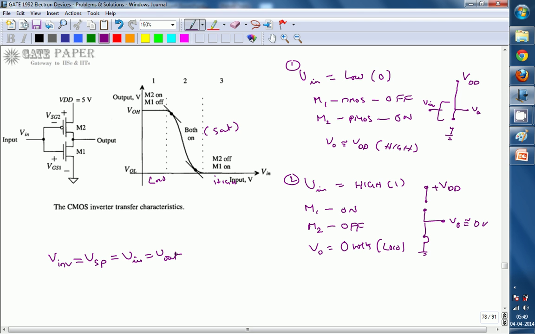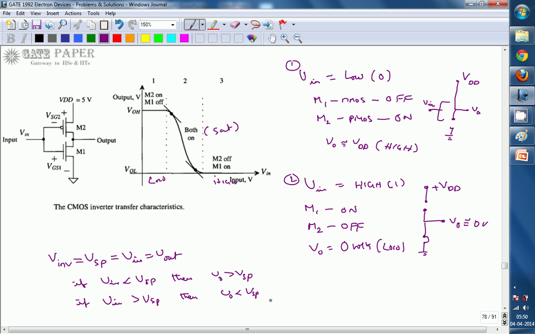The meaning of this is: if V input is less than VSP, the threshold point, then V output is greater than VSP. If V input is greater than VSP, then V0 will be less than VSP. From this point onwards, the inverter operation takes place.